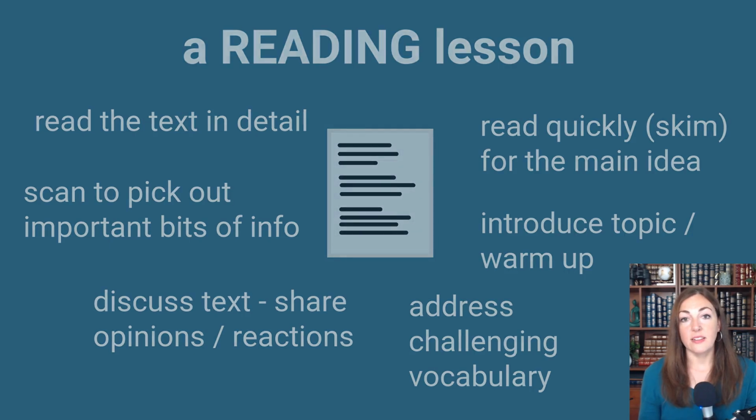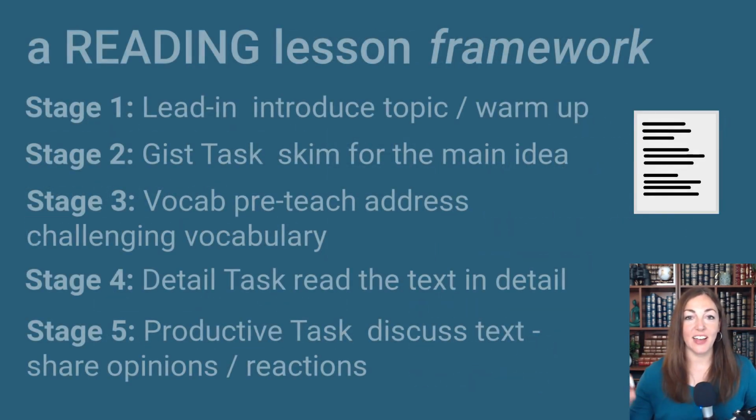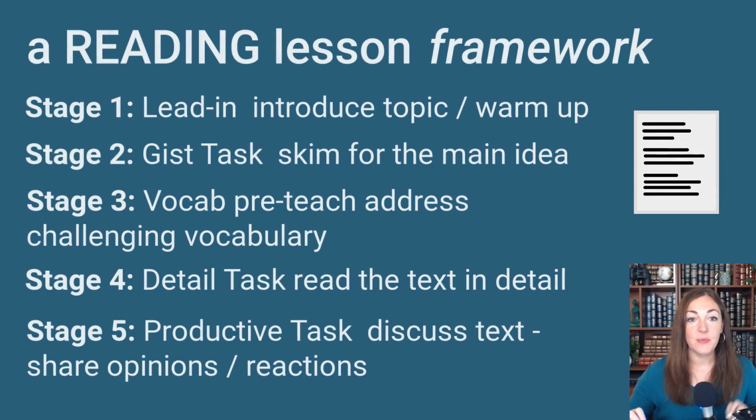What you're going to do in a lesson framework is take all of those things and arrange them into a logical, cohesive order. Each activity that you do in the lesson becomes one stage. And then, as I said, the stages are arranged in a particular order to guide the students through the lesson and ultimately get to that final destination of improving their reading comprehension skills.